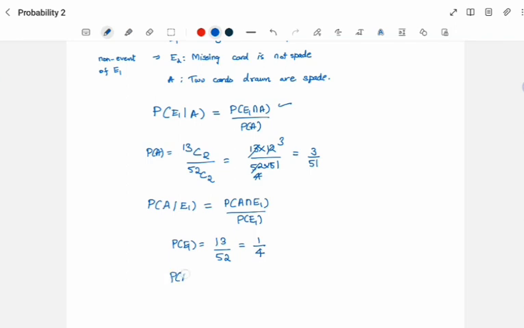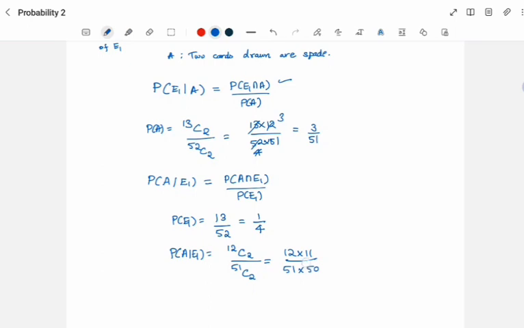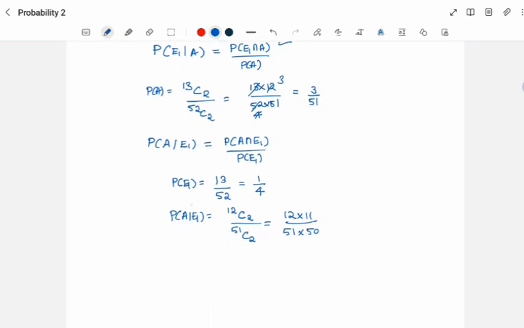And P of A given E1. The missing card is spade, okay, we know that. Then what is the probability that both the cards drawn are spade? Now spades will be reduced to 12 from 13, right? So 12C2, and total cards will be reduced to 51C2. So this is 12 into 11 by 51 into 50. Let's keep this like that only. And then we need to find this.